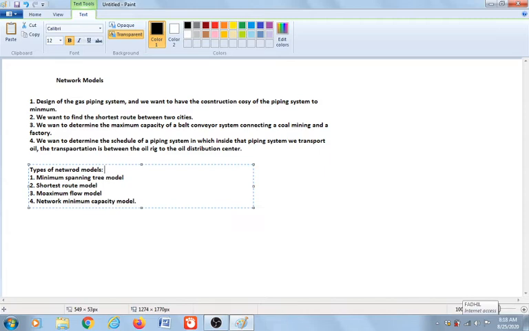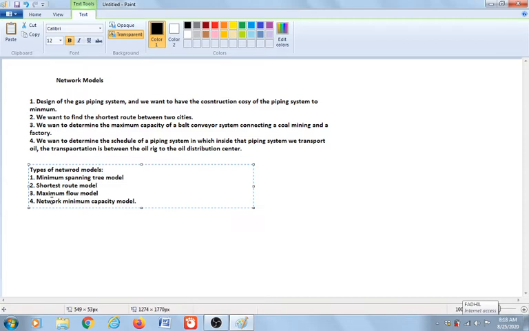The first model that we're going to discuss is the minimum spanning tree model. Number two, the shortest route model. Number three, the maximum flow model. And number four, the network minimum capacity model. Sorry, there is a mistake in the name of model number four.